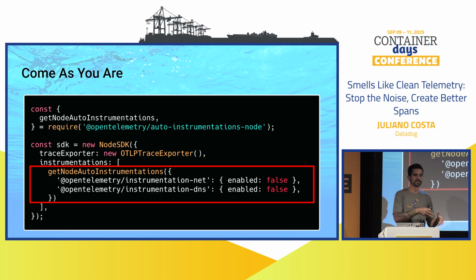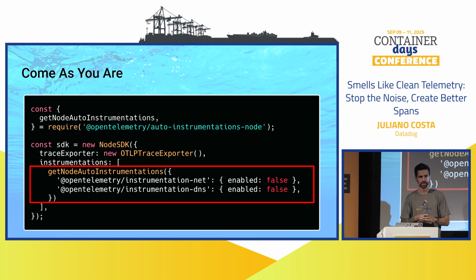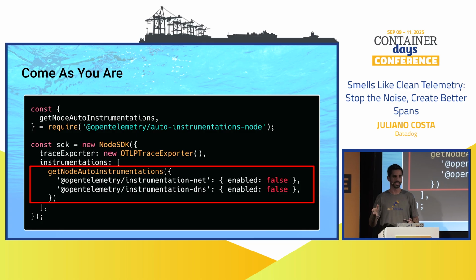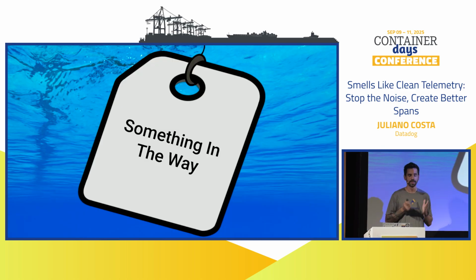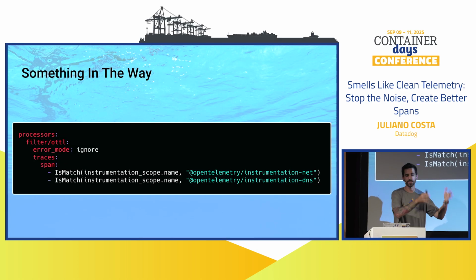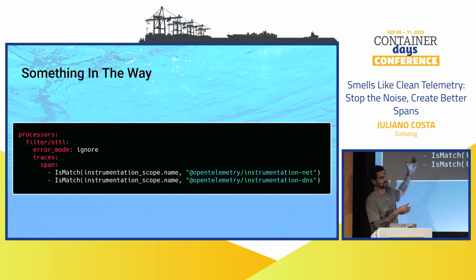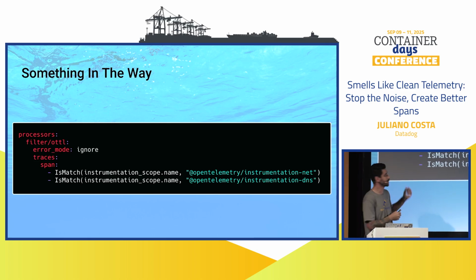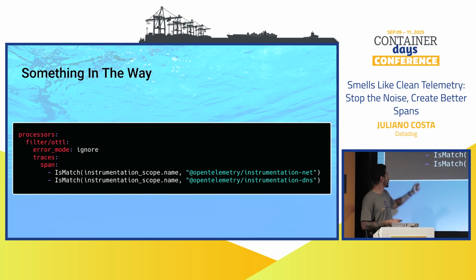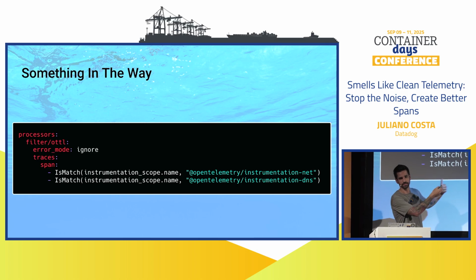If for some reason you do not have access to the code, but the code is producing spans that you are not interested in, you can take advantage of the collector and put something in the way. There is the OpenTelemetry collector, and there is a processor called filter, and you can use the OpenTelemetry Transformation Language, OTTL, to filter out all the spans that have an instrumentation scope, and then you pass the instrumentation name.